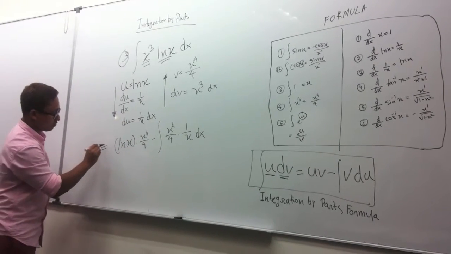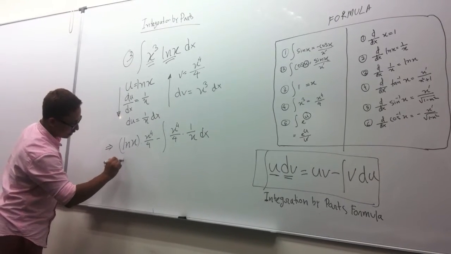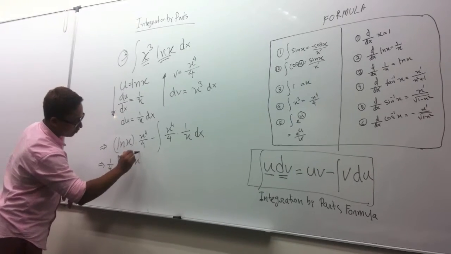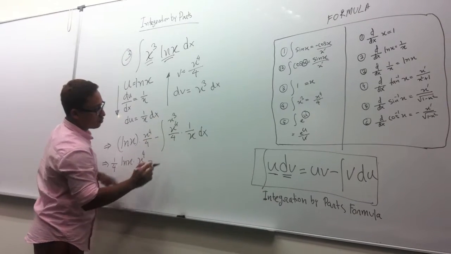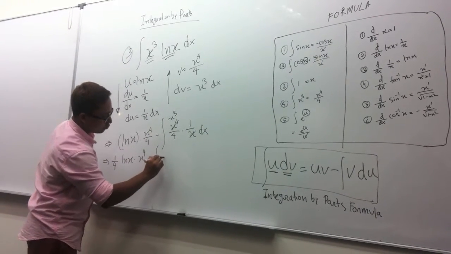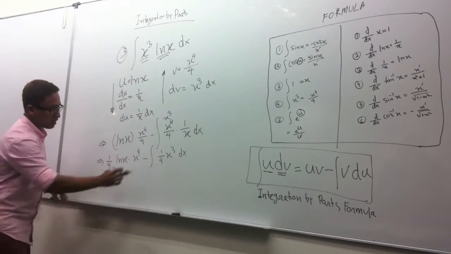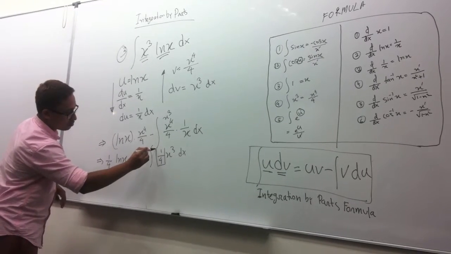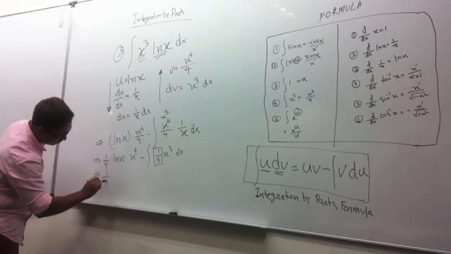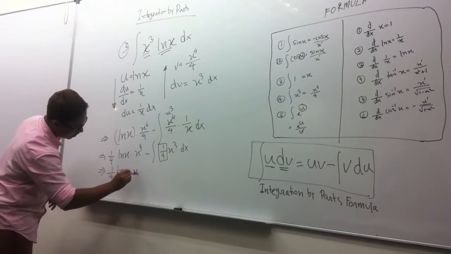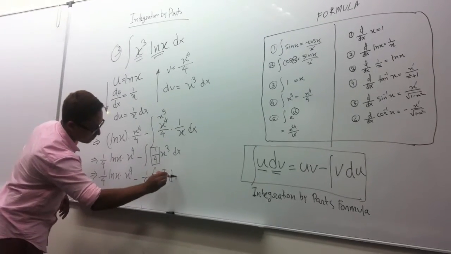Here I can take 1 over 4 in front: 1 over 4 x to the power 4 ln x minus, with x and x cancelling, the integration of 1 over 4 x cube dx. As you can see, this is a constant, so we can take it outside of the integration: 1 over 4 x to the power 4 ln x minus 1 over 4 times the integration of x cube dx.